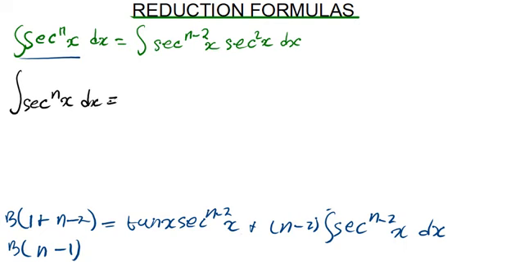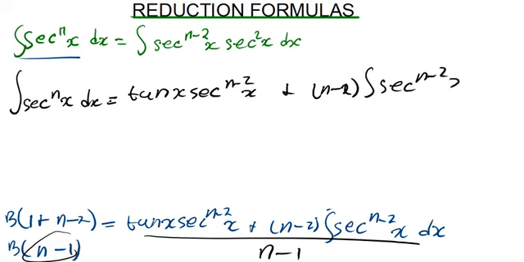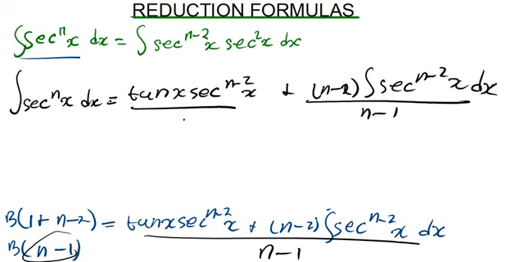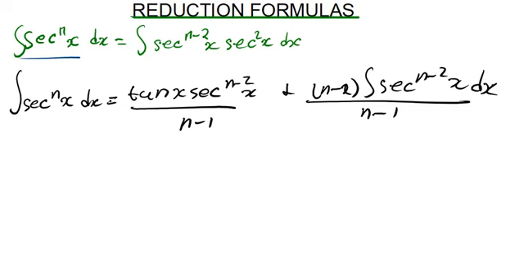I'm going to divide both sides by n-1. So we have the integral of sec^n x dx equal to tan x sec^(n-2) x over (n-1), plus (n-2) over (n-1) times the integral of sec^(n-2) x dx, and this happens to be the reduction formula for the one that involves sec.